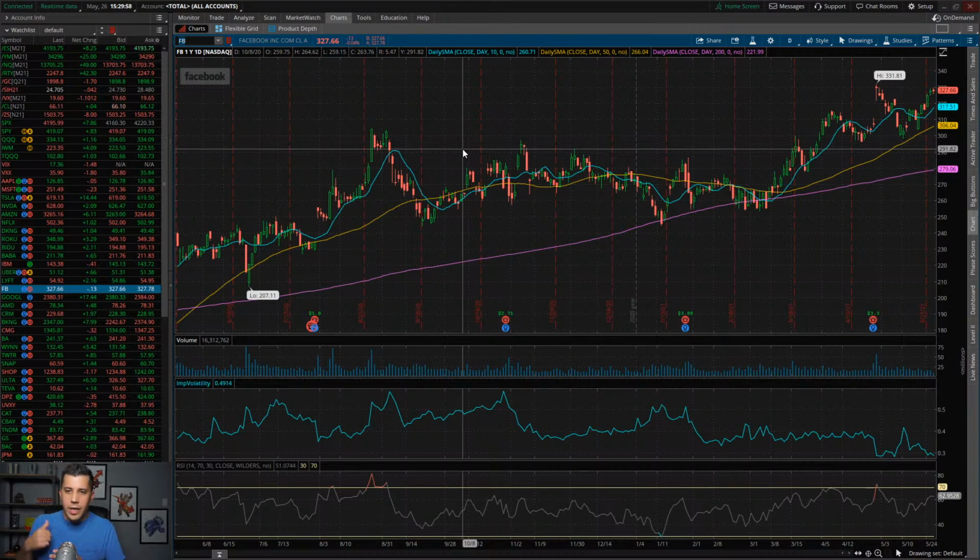But listen, you're not the only person with this indicator, okay? Algos read it. They give you access to this information on Webull, on free platforms, on FinViz, on TradingView.